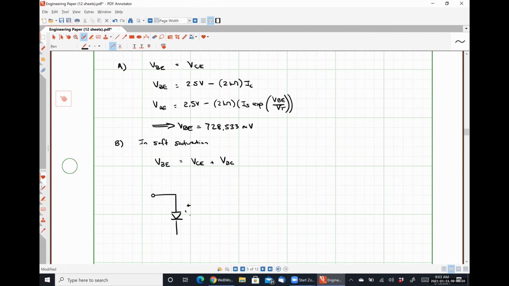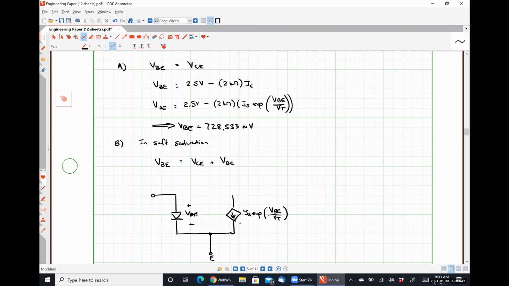so here is VBE. Here's our emitter terminal. Here is IS exp of VBE over VT.